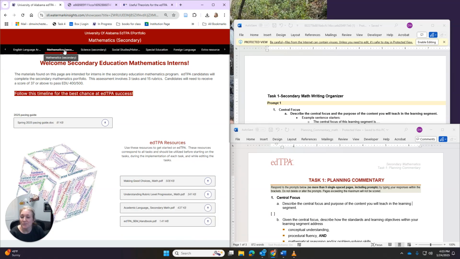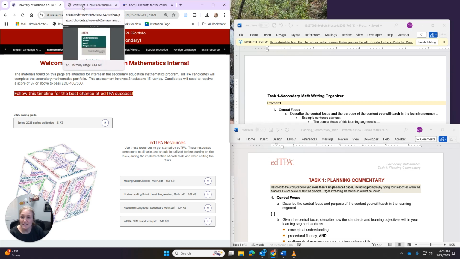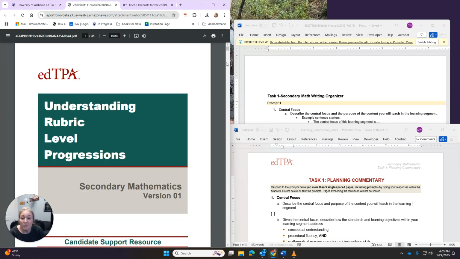All right, so once you have those items downloaded, one of the reasons I strongly suggest that you print out the understanding rubric level progression is because you're going to be using it at the same time as you're looking at the commentary and this writing organizer.